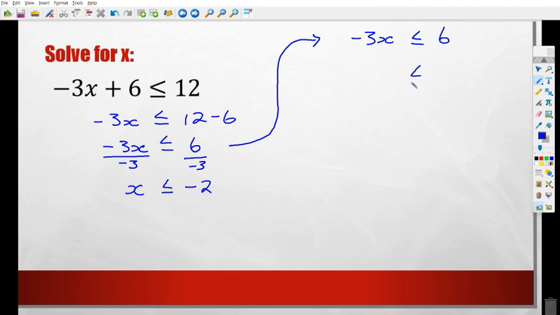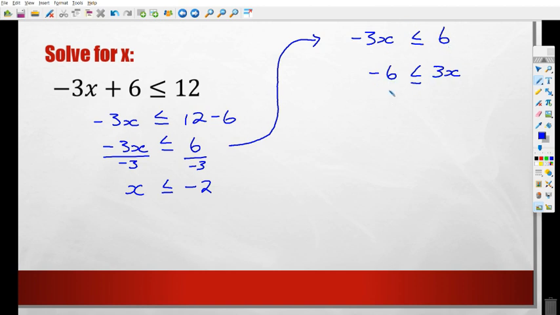So if I take the -3x across, it's going to become positive 3x. If I take my numbers to the other side, positive 6 on this side, if I take it across, it becomes -6. Can you see I just switched those around? I took them across to the other side, and then their signs changed.